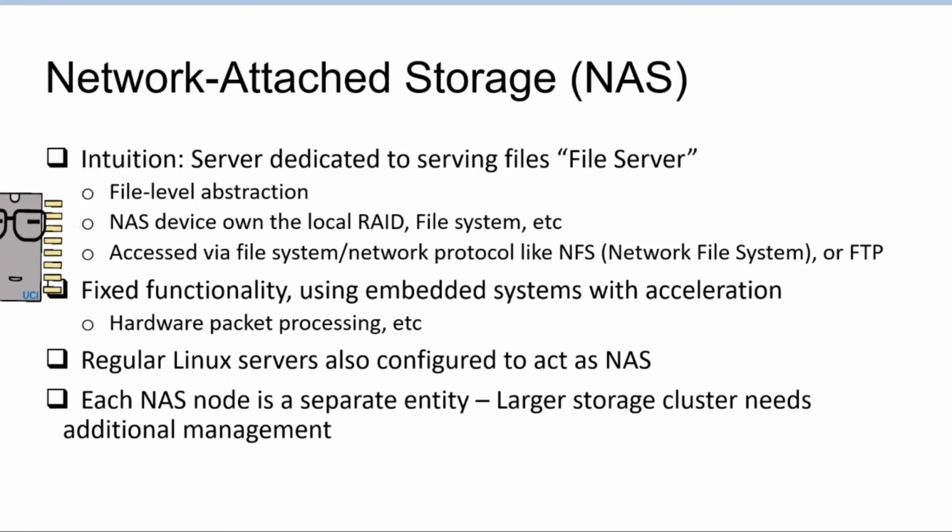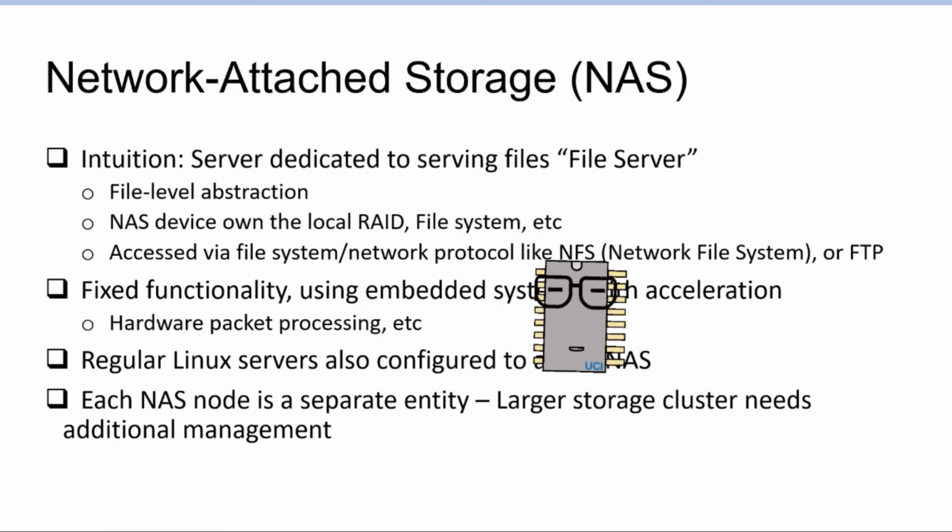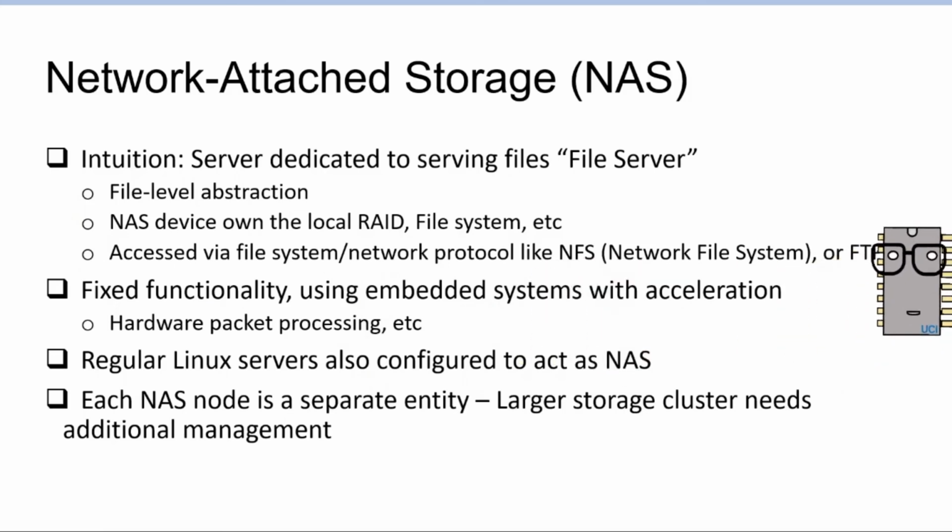It can install whatever file system it wants, as long as it exposes a logical file level abstraction to the remote clients. It can be accessed via the file system or a network protocol like NFS, network file system. I know that the UCI HPC cluster uses the ZFS file system, which functions in a similar way, or FTP even.